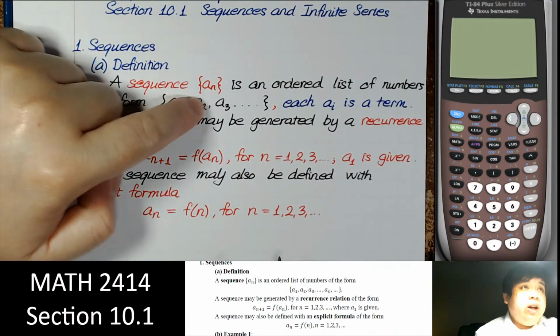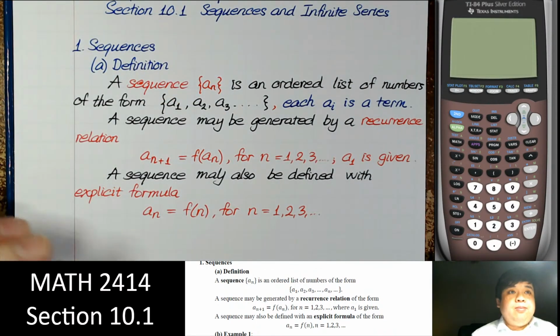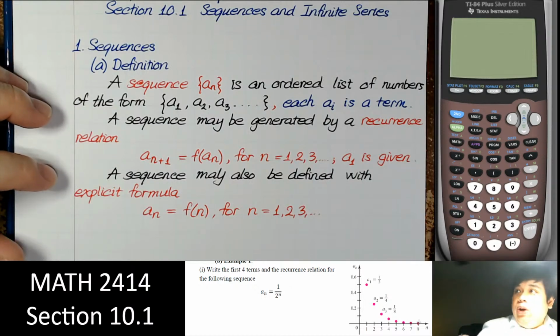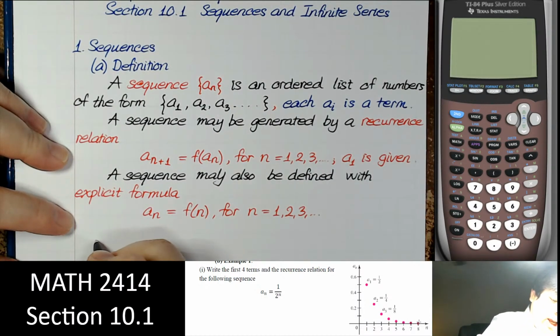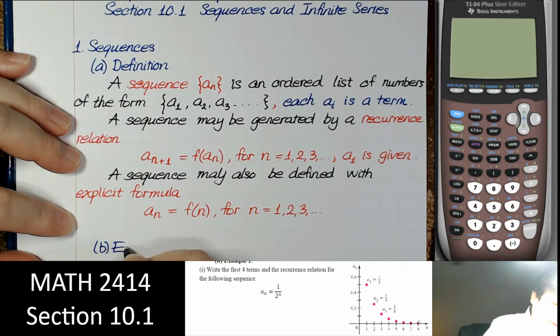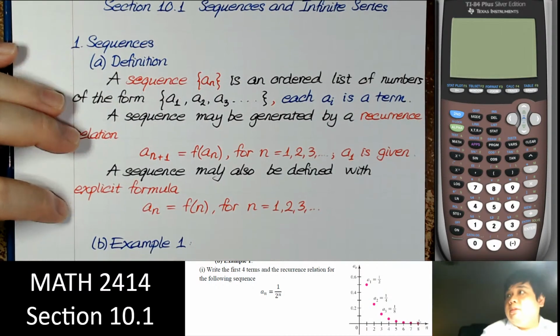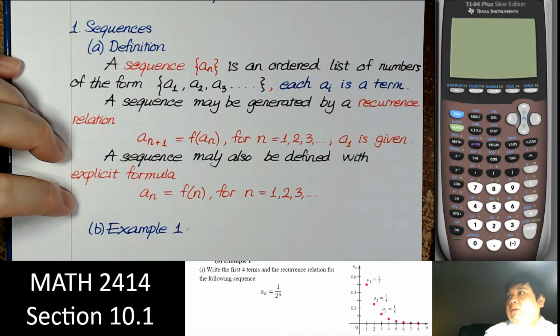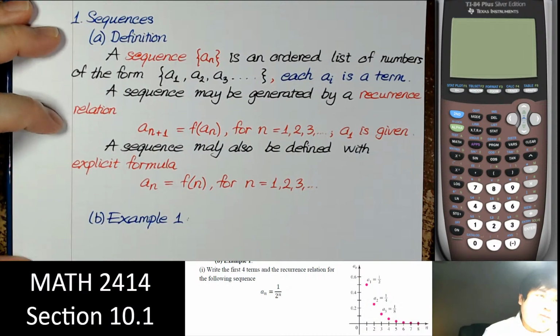So we call each one a term in the sequence. Right, there's nothing new here. We defined this in Gaussian algebra and pre-calculus.